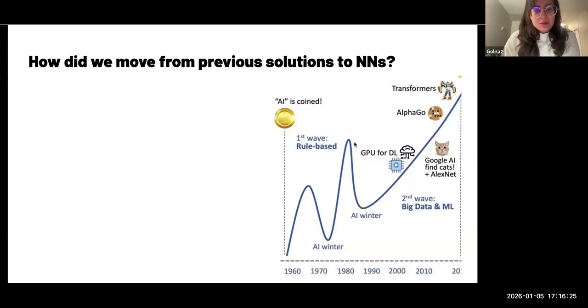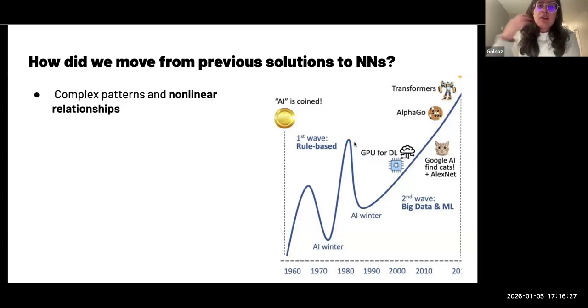Neural networks are very good at finding complex patterns and nonlinear relationships. The previous models work very well in many cases, but as the data gets more complex, as you get more features, as your data set gets larger and your prediction depends on many more factors, they usually fall short.